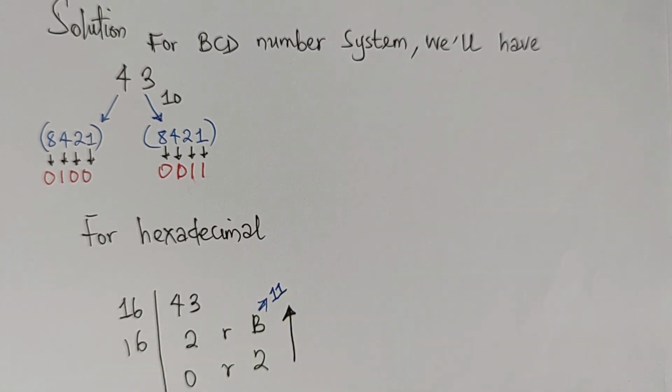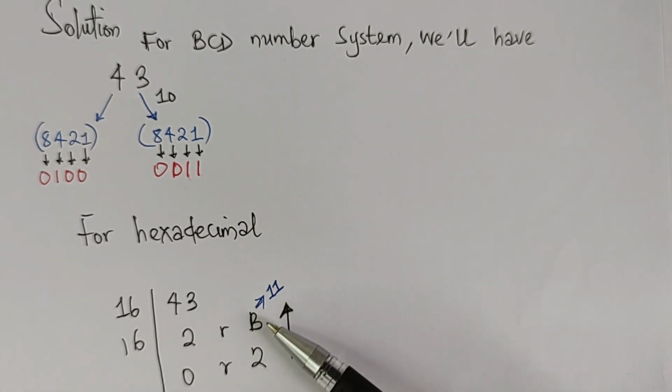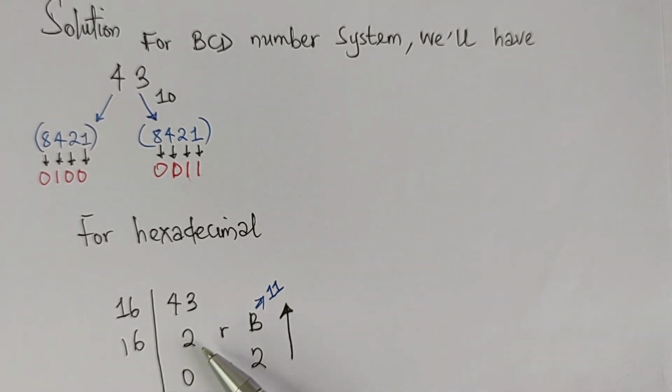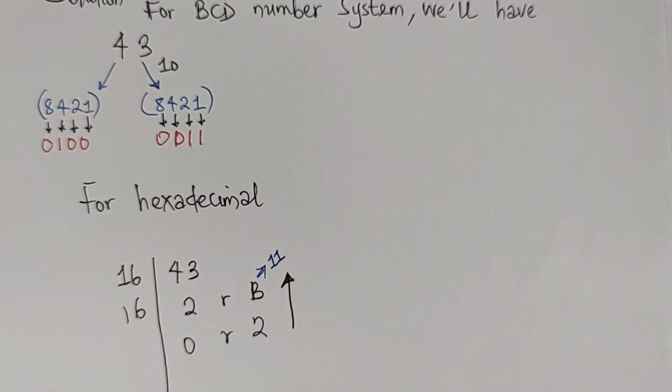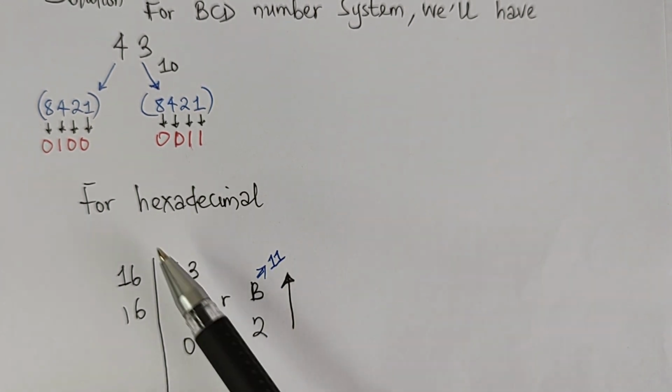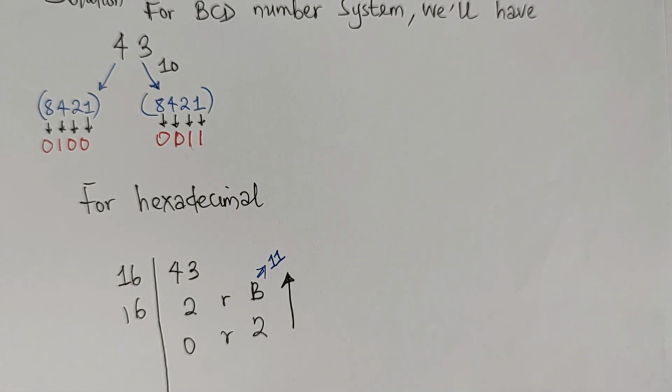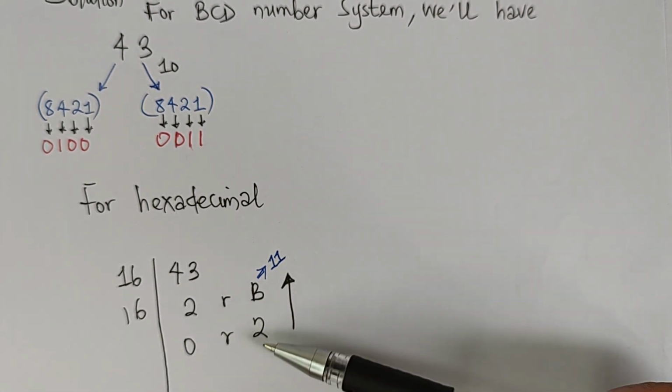But in hexadecimal format, we don't represent it as 11. We can only convert it to B. So 16 into 2 will be impossible. So we write 0, remainder 2. And the next thing to do is to move our arrow forward. So we are going to have 2B. So when we want to convert 43 in decimal to hexadecimal, we are going to have 2B.